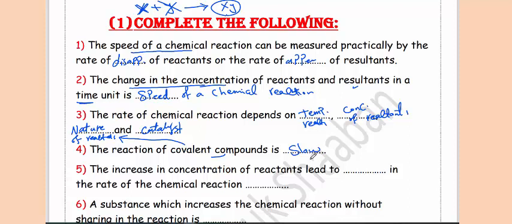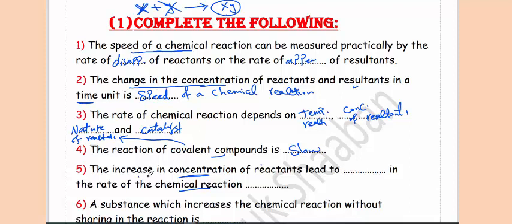Question number 5. The increase in concentration of reactants led to what in the rate of the chemical reaction? It's not complete, okay? Again, the increase in concentration led to what in the chemical reaction? I mean, increase or decrease the rate of chemical reaction.